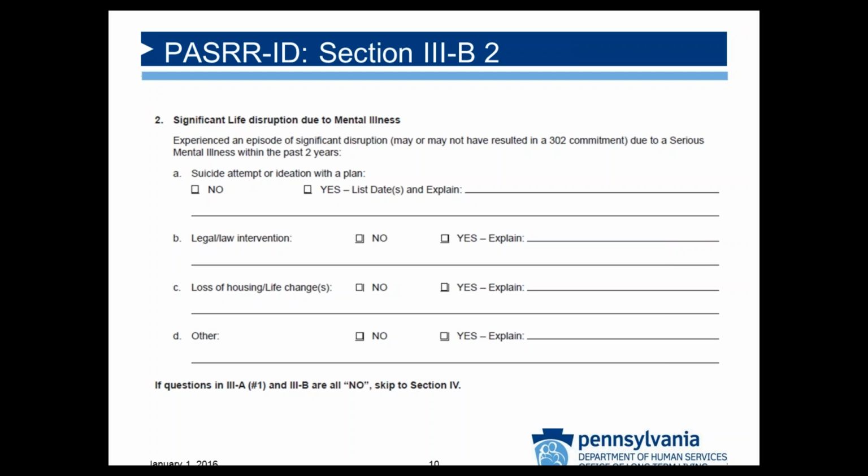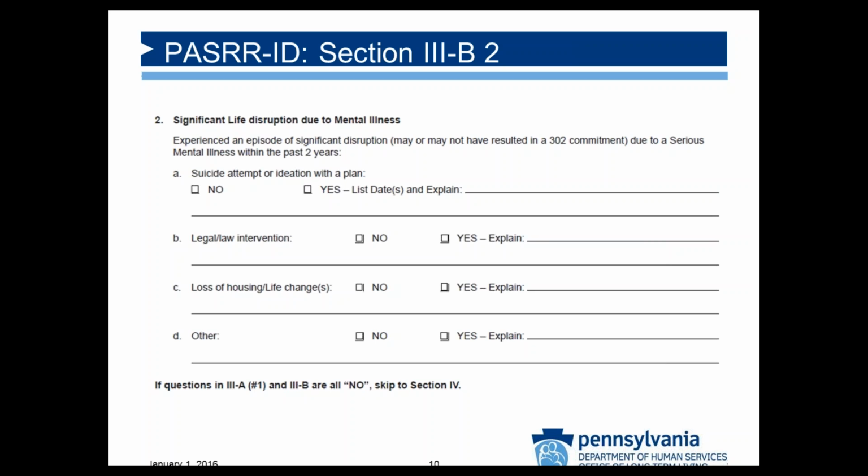By being checked independently here, it would mean that they would meet the criteria to have a level 2 assessment done. Now, some of this may be checked for a mild mental illness as well. So in both cases, if there's one check marked yes anywhere in 3B, either 1 or 2, that would meet the criteria to go on and have a level 2 assessment done.